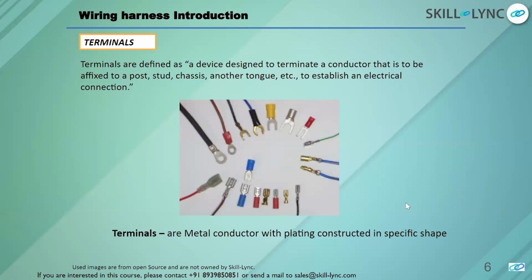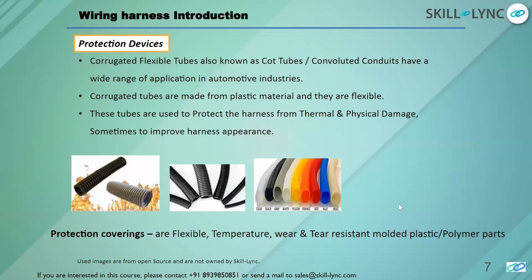So we have two components which are used for electrical terminations, basically your terminals as well as your connectors. Further we have protection devices. What is used in the automotive, we generally call it corrugated tubes or corrugated flexible tubes.